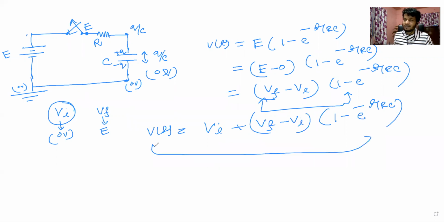But if we consider Vi to be 0, then this is the total voltage at time t across the capacitor. Fine. Is it clear to you? Yes, sir.